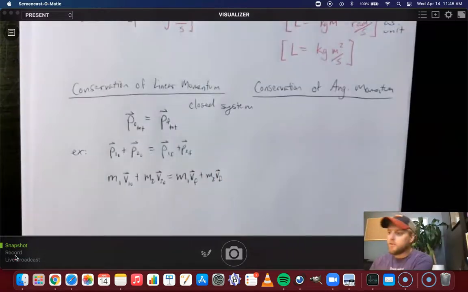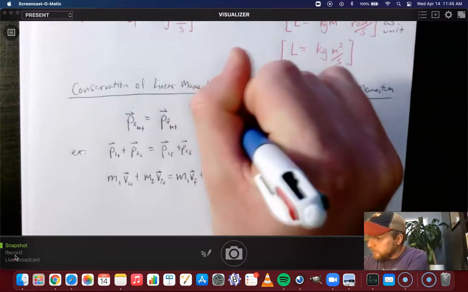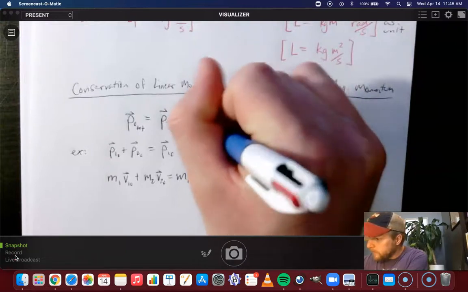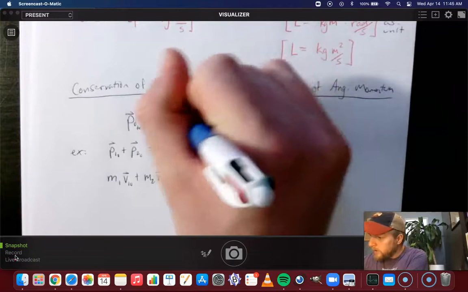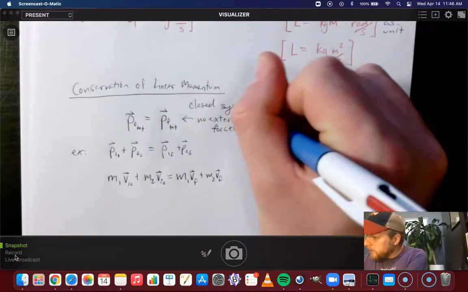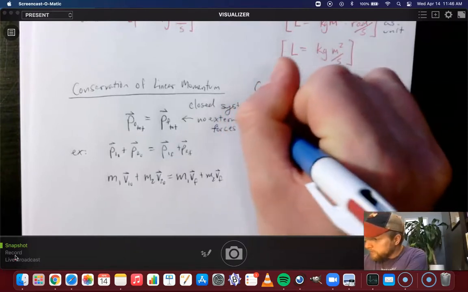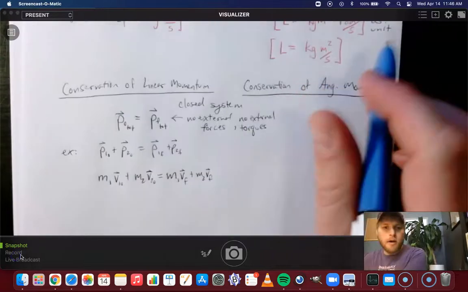That means for linear momentum there are no external forces, and for angular momentum there are no external torques.